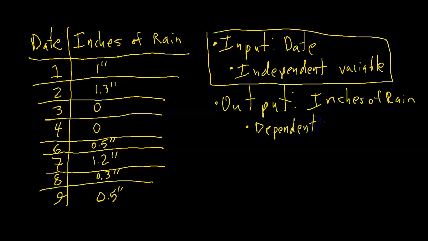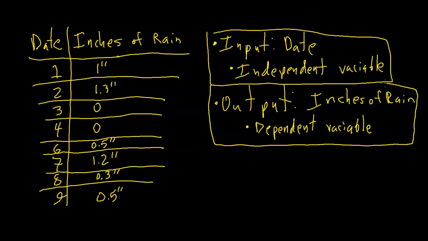The output, that is the dependent variable, which should make sense, right? Because as we've talked about, the output is what depends on the input, right? The input causes the output, so the output is dependent on the input. So the input is the independent variable, the output is the dependent variable.